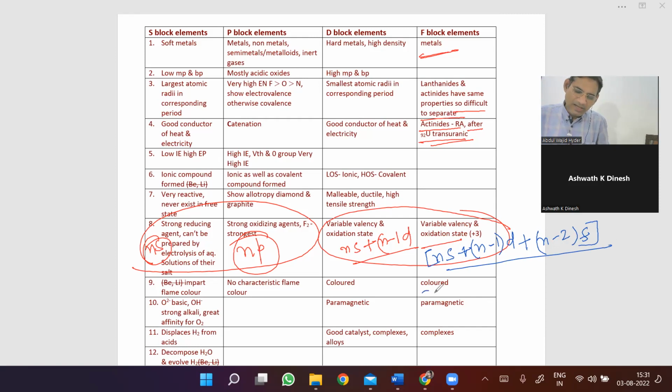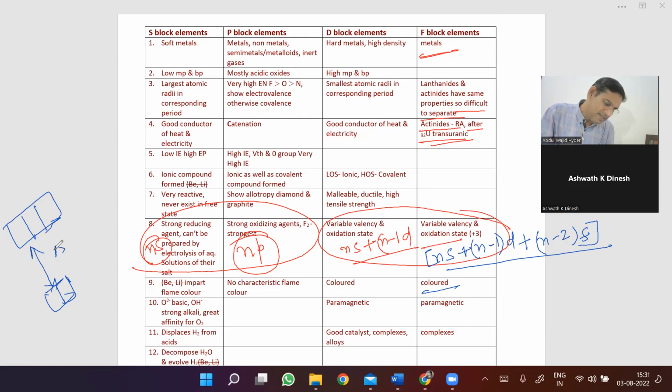As most of the D block elements are colored, why are D and F block elements colored? Because the difference in energy between two consecutive energy levels is very less.